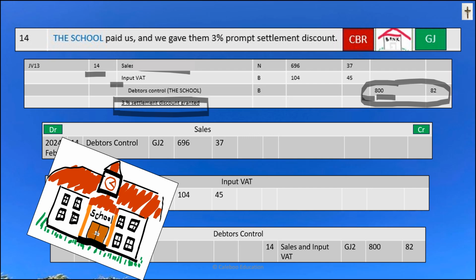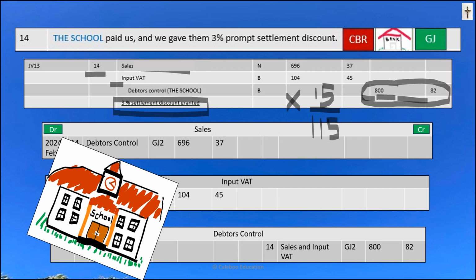So we go and debit input VAT, and the amount is 882 cents. That is the inclusive amount. So if I want the VAT amount, I can multiply that 882 cents by our famous VAT fraction.